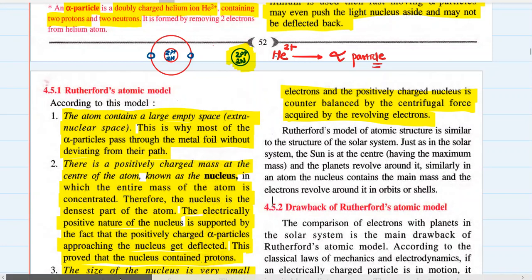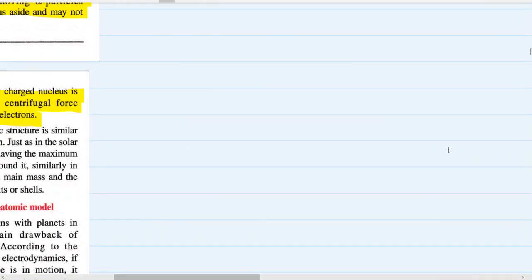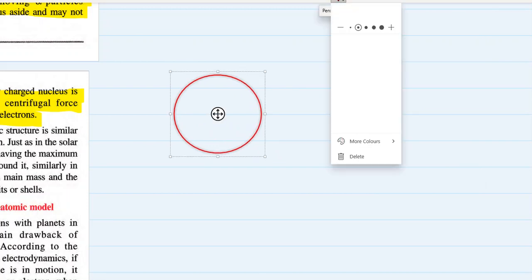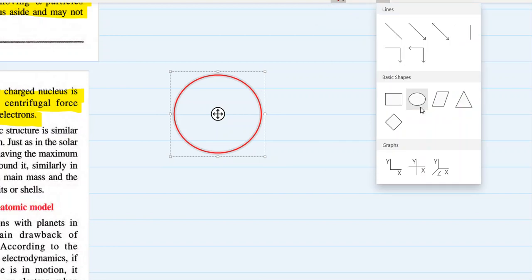So let me show you with the structure so that you might understand in a better way. Let's imagine that this is one nucleus.